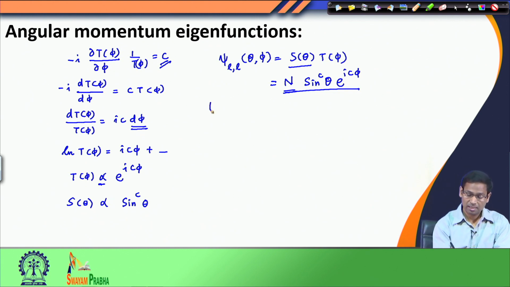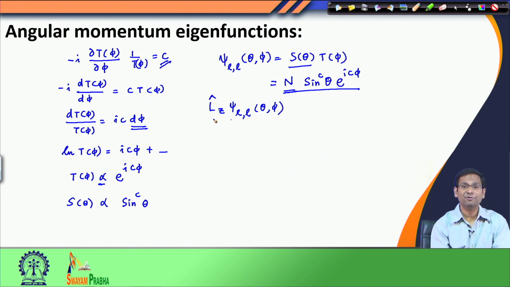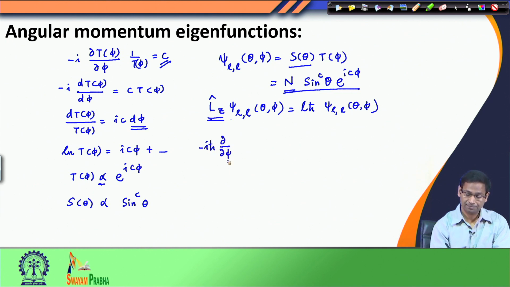To do that, let us see what happens when I apply the Lz operator on this psi L L. We know that psi L L is an eigenfunction of the Lz operator with an eigenvalue of L h bar. The functional form of the Lz operator is minus i h bar d by d phi.